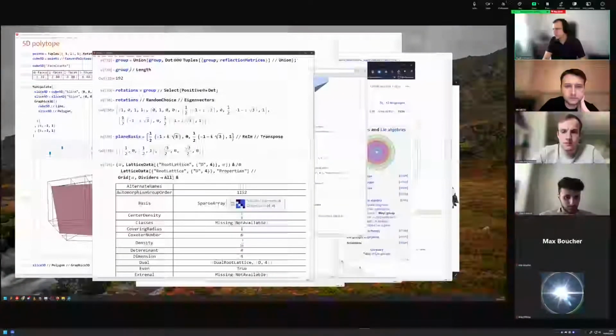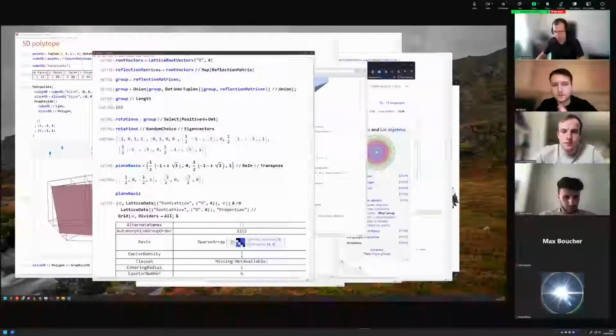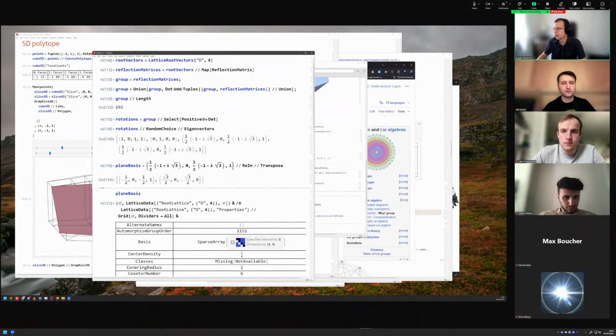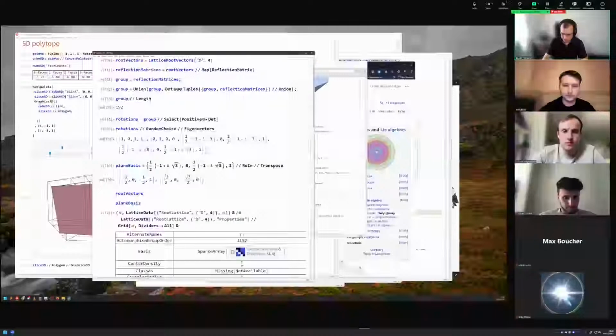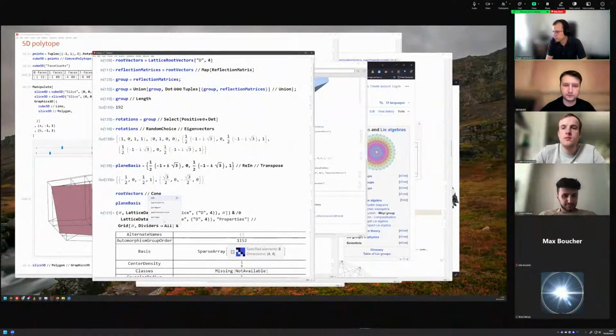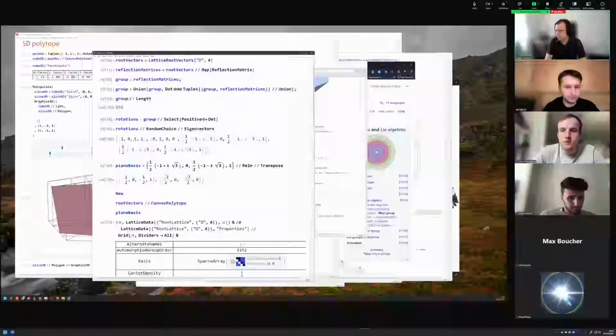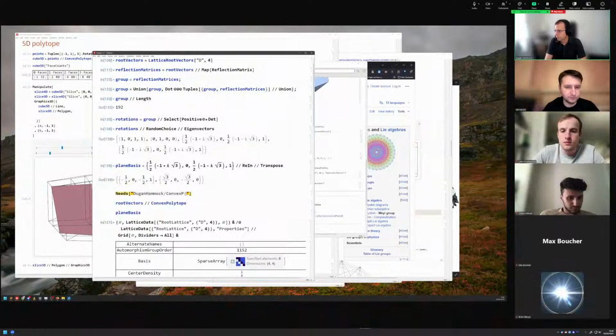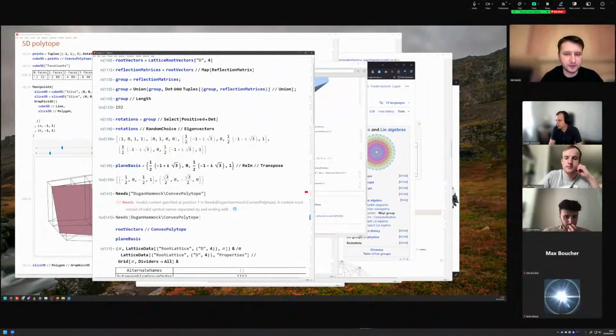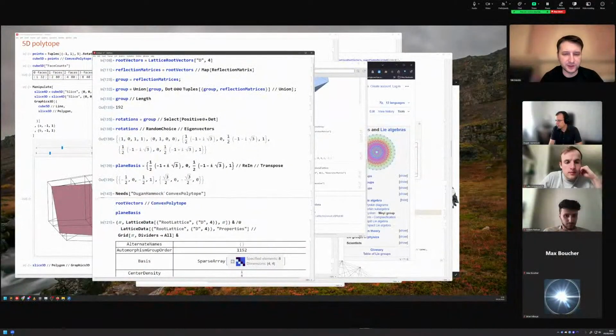So if I take the D4 root vector polytope... It's a backtick. And another one at the end.